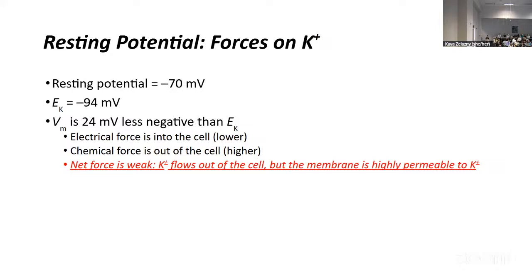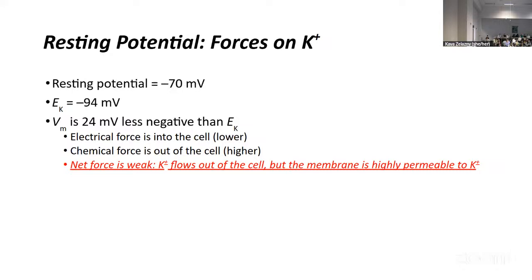But we have a chemical force out of the cell because we've used the sodium-potassium pump to set up these strong chemical gradients where we have lots of potassium inside the cell, not very much outside the cell. So because we're quite close to the equilibrium potential relatively, this is a relatively weak total electrochemical driving force on potassium. So potassium does want to flow out of the cell.